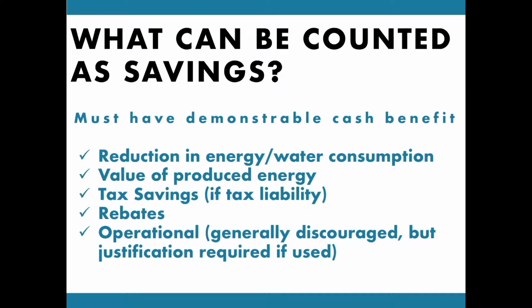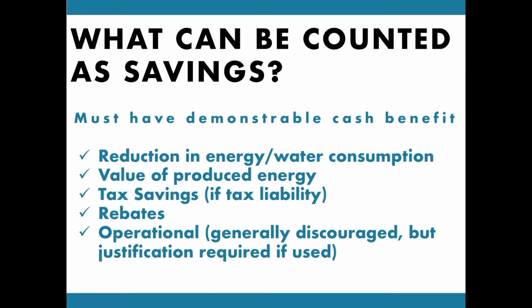So in general, nonprofits are not going to be able to take advantage of tax savings, or other smaller businesses that might not have a tax liability. Rebates count as savings. You're still going to be bound by the rules of whatever the particular utility's rebate program is, but certainly you could count the rebates as savings.